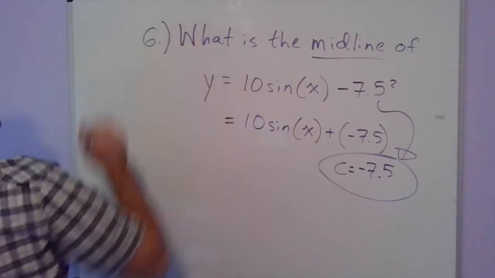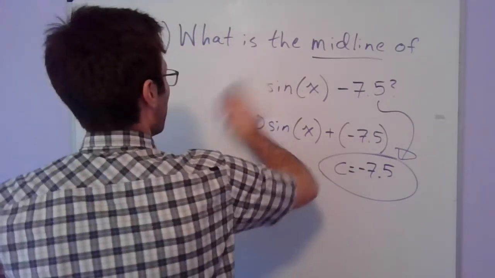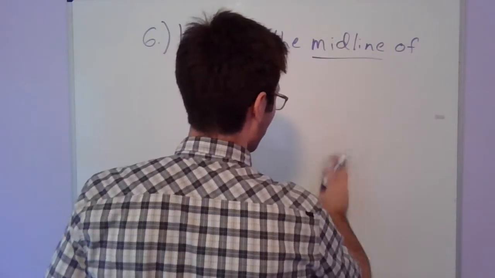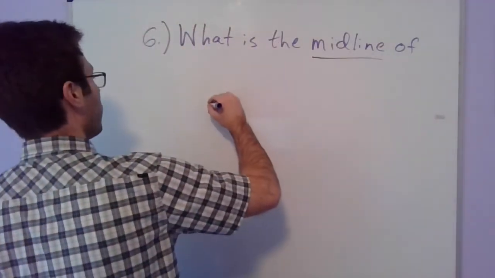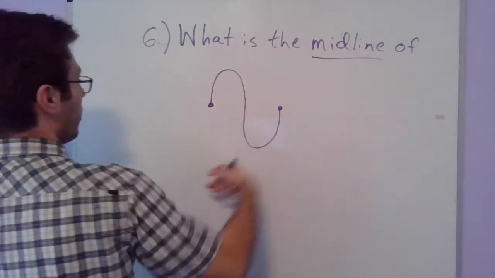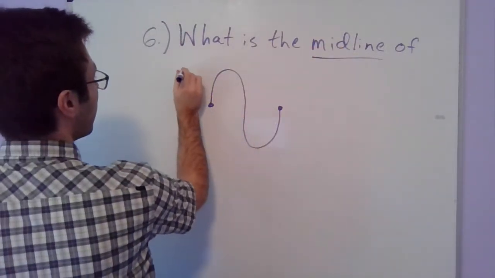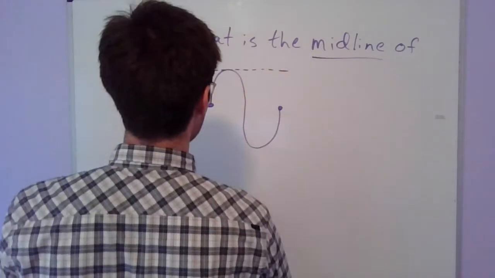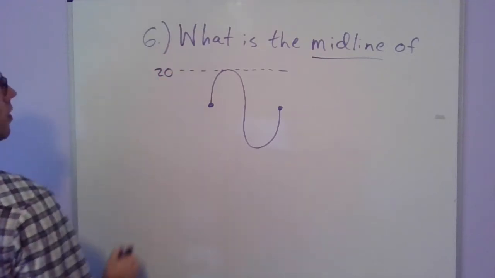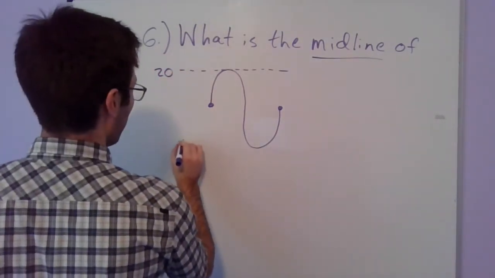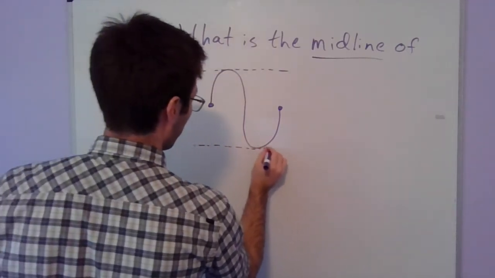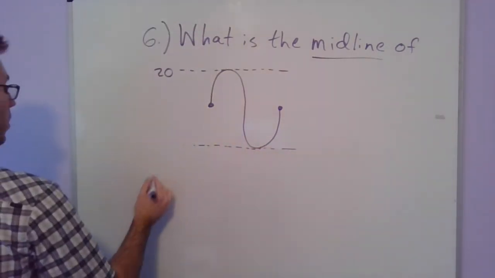Let's go on to number 6. Say you're given a wave. It could repeat. Let's say the value up top is 20. The value down below, let's make that number 10.